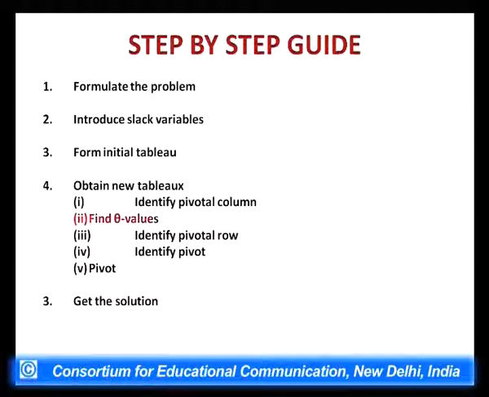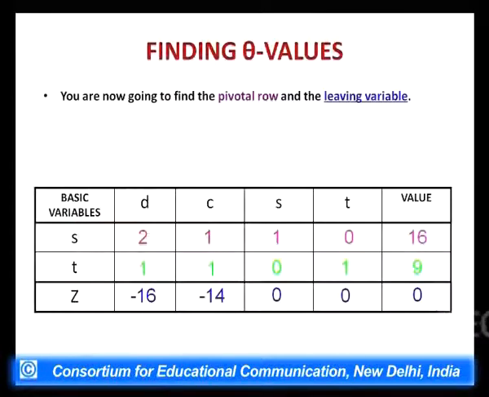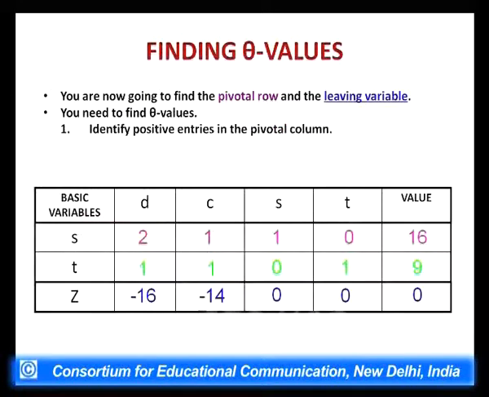Now next we have to find out the theta values. But what is a theta? Again we are going to identify it. This is the same table. We identify positive entries in the pivotal column. The column under D is the pivotal column.